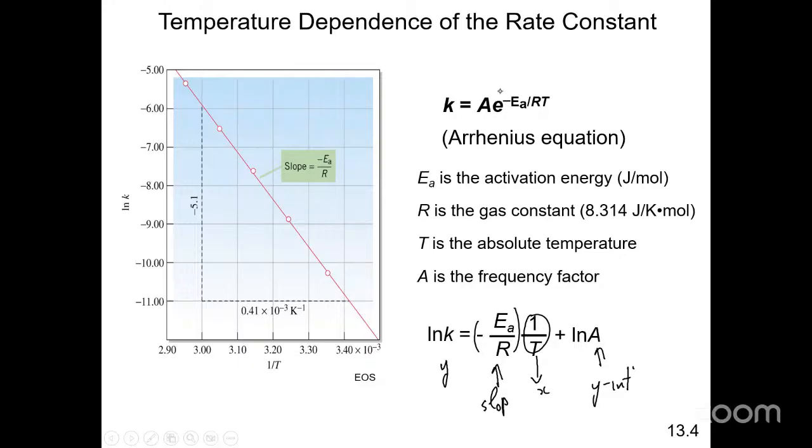Just by looking at this equation, you can tell that with increasing temperature, everything else being the same, the activation energy, the molar gas constant, and A, the rate constant increases. And if the rate constant increases, the rate will increase. So this equation shows that when temperature increases, the rate will increase.